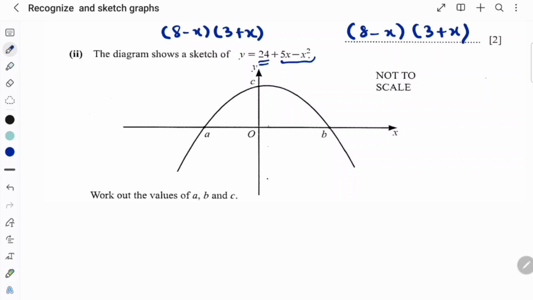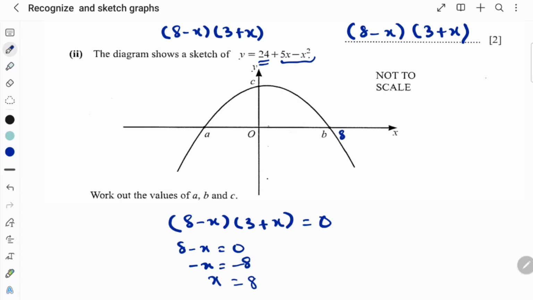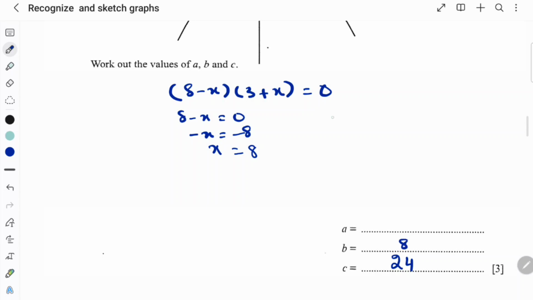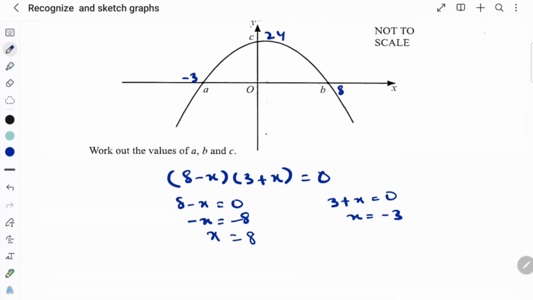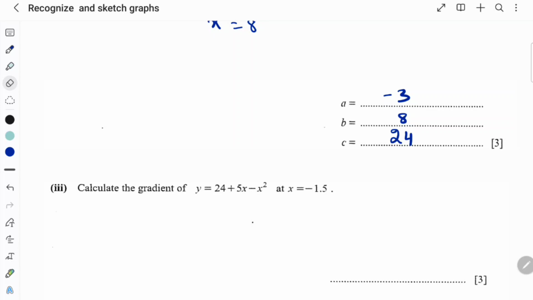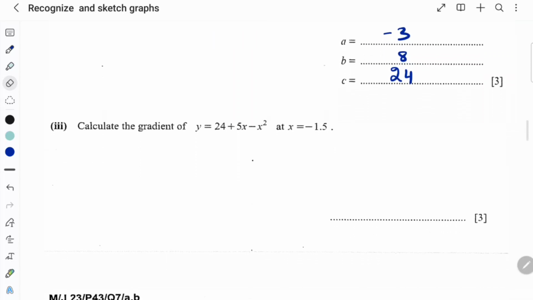For a and b, we have already factorized: 8 minus x and 3 plus x equal 0 because y is 0 on the x-axis. So 8 minus x is 0, so minus x equals minus 8, then x is equal to positive 8. So b is 8. And 3 plus x equals 0, then x equals minus 3, so obviously a is minus 3, and c is 24. In the same question, they're asking you to calculate the gradient at x equals minus 1.5 of the same equation.